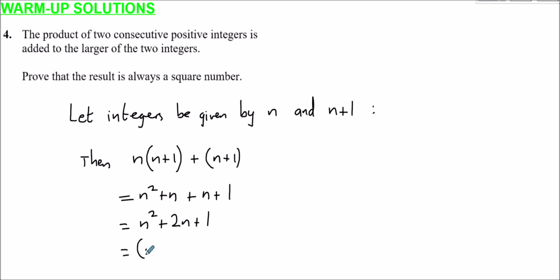Those numbers are going to be 1 and another 1. In other words, that's n plus 1 squared. So therefore, the result is always a square number. And we've done the proof.